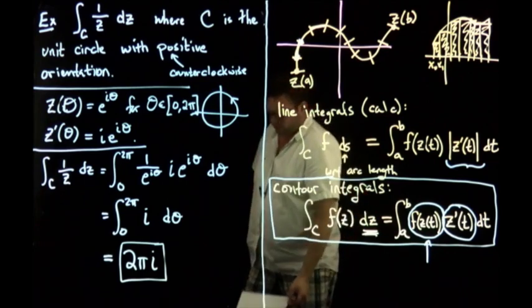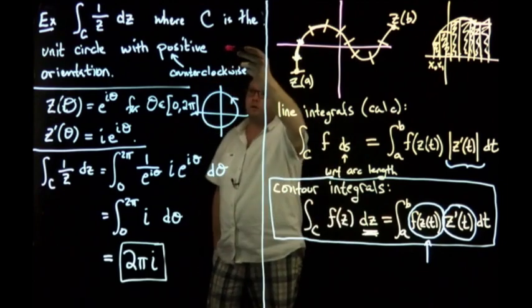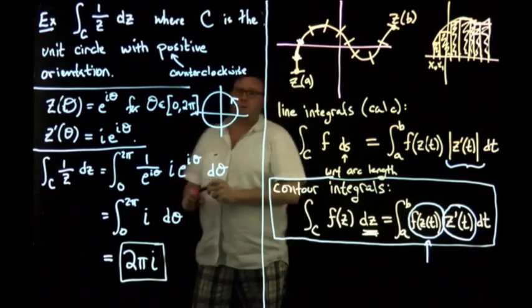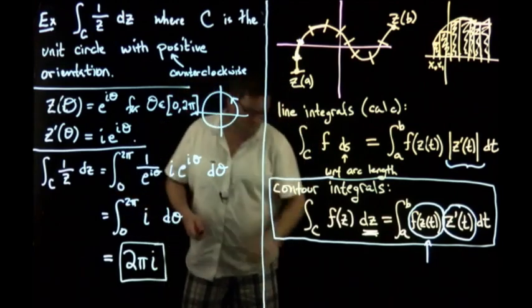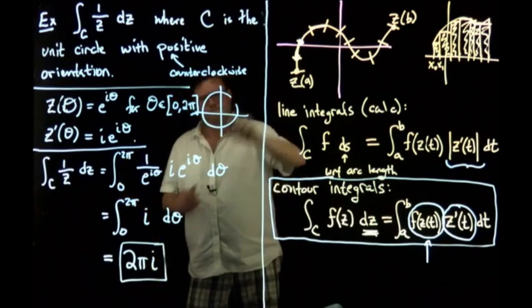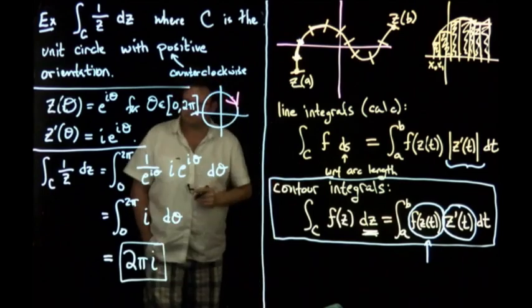So that's one variation. What if instead of the positive orientation, we took the negative orientation? So instead of going around counterclockwise, we went around clockwise. Okay?